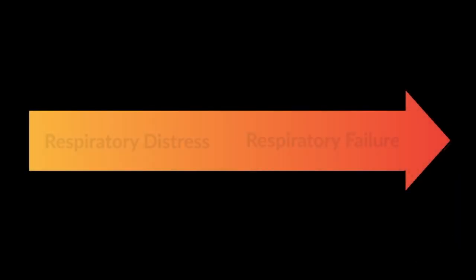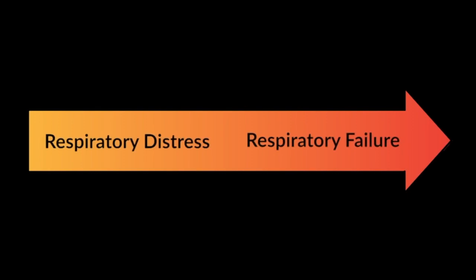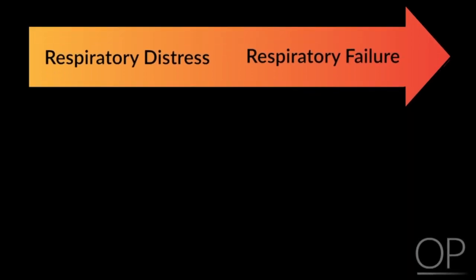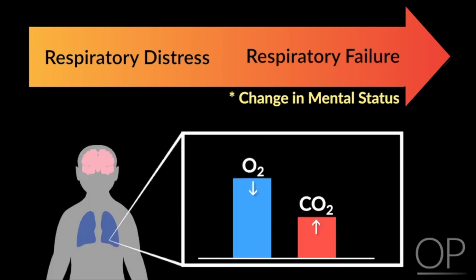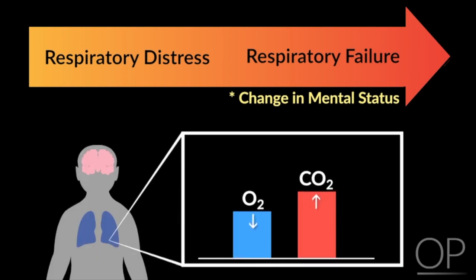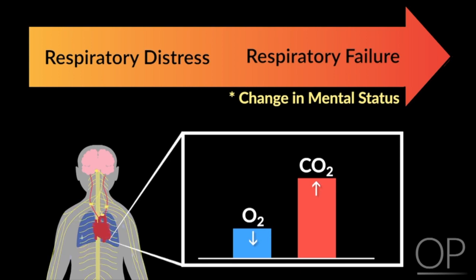The hallmark of respiratory failure, to distinguish it from respiratory distress, is a change in mental status. When oxygen levels fall and carbon dioxide rises, this is a very stressful feeling and results in sympathetic stimulation and agitation.